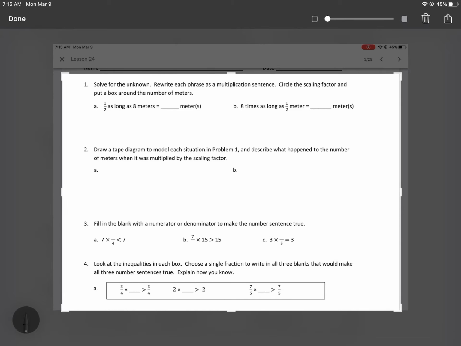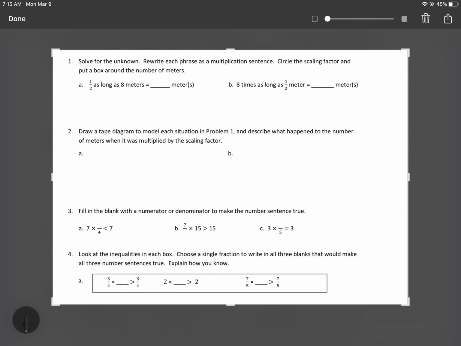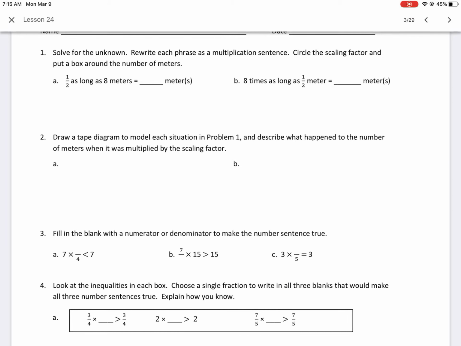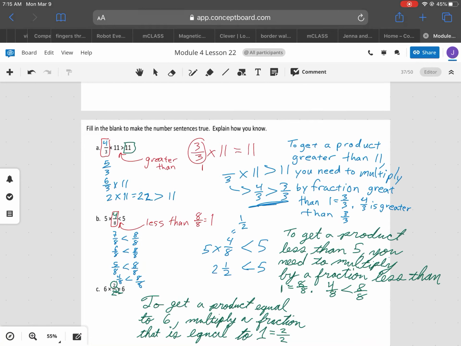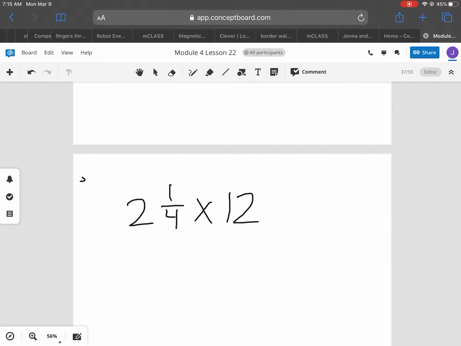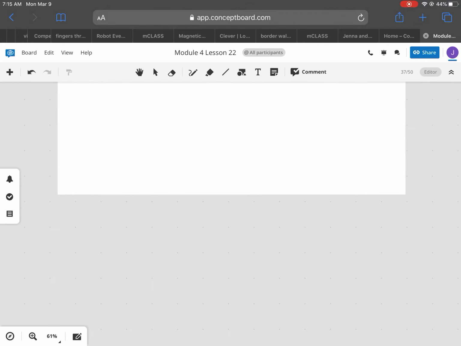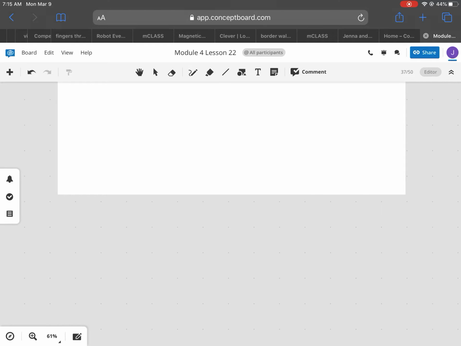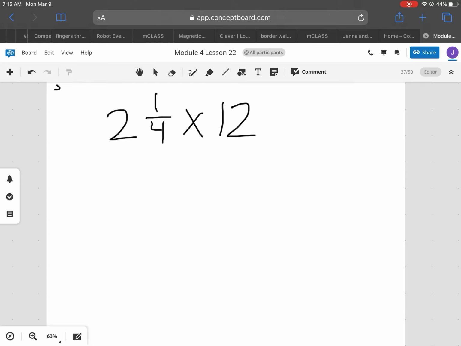So here I have my work from today. This is going to help you if you pay attention today, and if not, if you're homesick, then this will help you hopefully. And let me put that picture in here. Actually, I have to put it over there. It's not going to work. Sorry. All right, let me look at it on my computer.